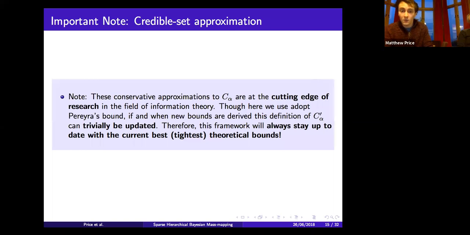You can also update this approximate HPD credible set as and if and when new approximations are derived, so you can stay in line with the most recent theoretical bounds. So then how do you actually use this idea of a level set?